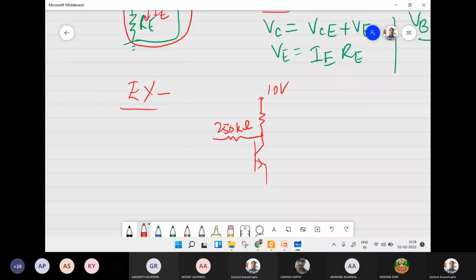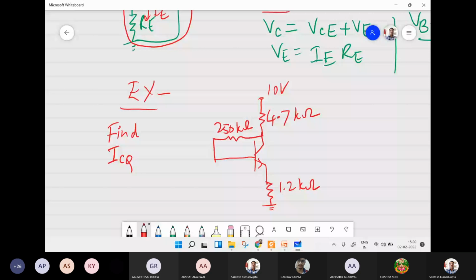RC is say 4.7 kilo ohms, and RE is say 1.2 kilo ohms. Okay, so find out the operating point collector current and collector emitter voltage. So this is the biasing circuit given here.